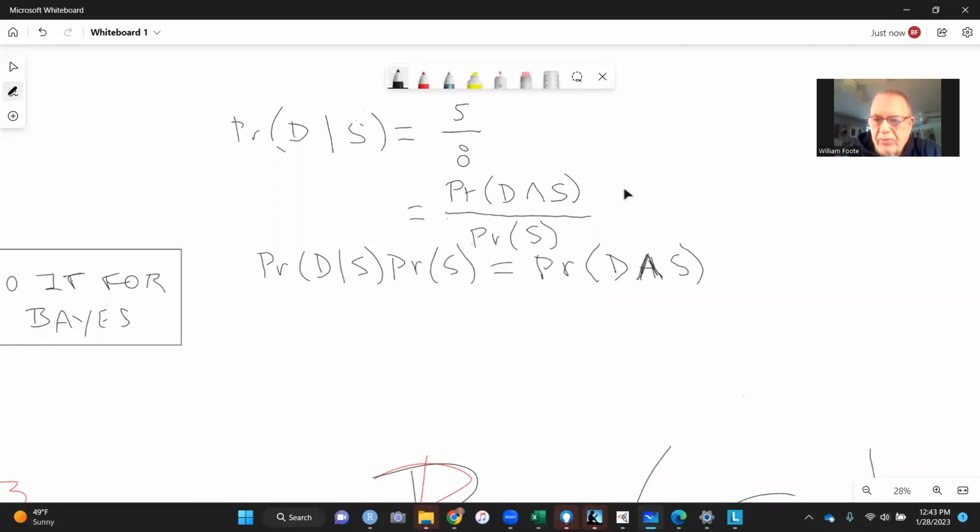This will be the same as, remember, this was 5/16. It's the same as, just by analogy, probability S given D, probability of D.